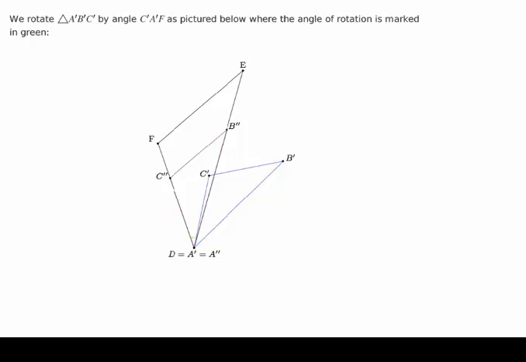Okay, and so then you can see that this blue triangle that was created when we translated it has now been rotated counterclockwise about this point D, or A prime, or A double prime now. And so now we can see that the angles line up.